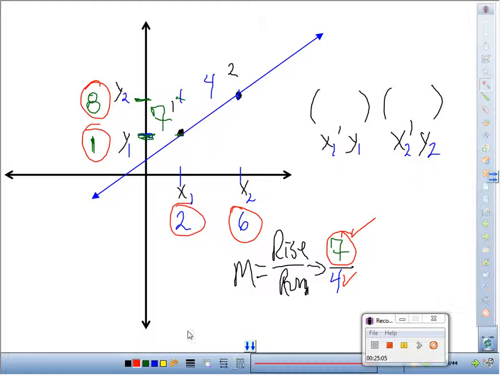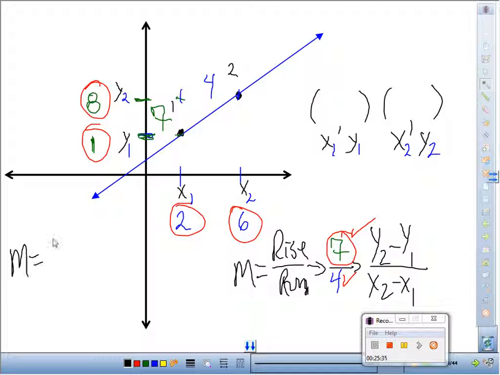So, pay attention. What did we do here? Subtracted what? The 1 from the 8. So that means I did y2 minus what? y2 minus y1. And what did we do here? x2 minus x1. Does that sound familiar? And that is our formula for slope. M equals y2 minus y1 over x2 minus x1. And all you need is the coordinates that they gave you to find the slope.